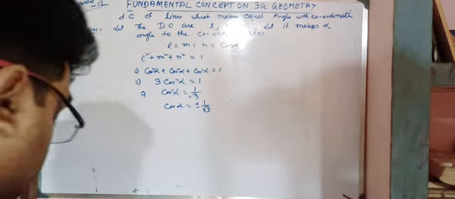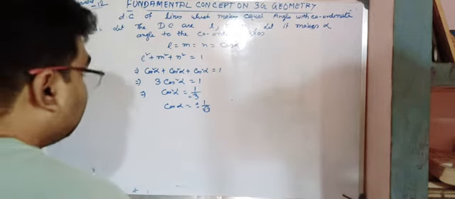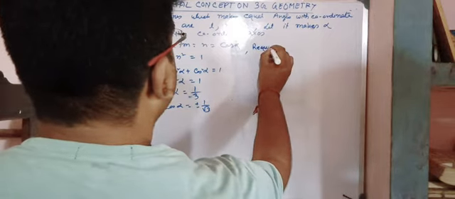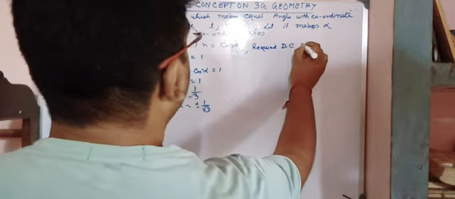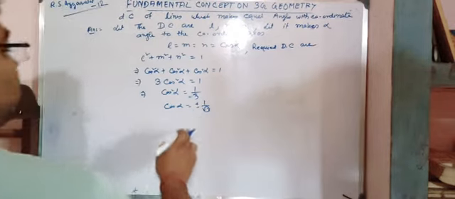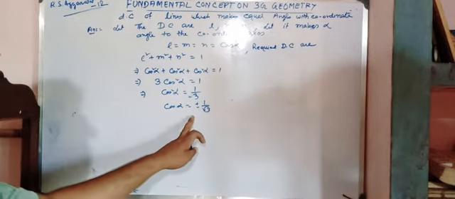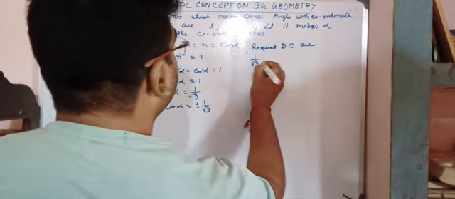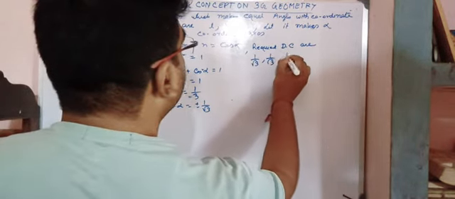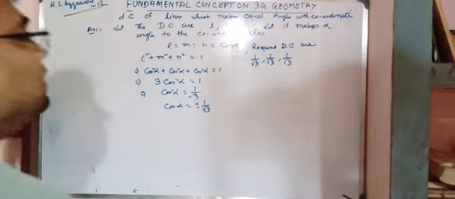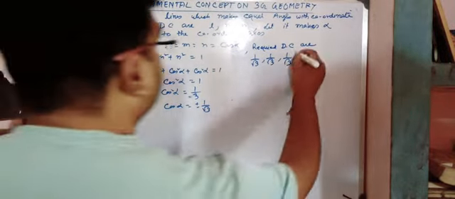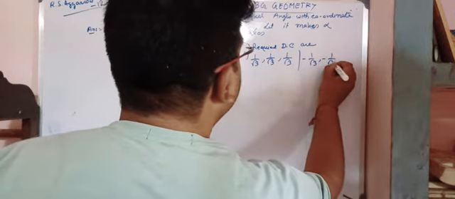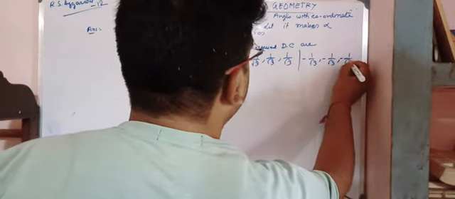So the required direction cosines are, taking the plus sign, 1 by root 3, 1 by root 3 and 1 by root 3. Then, with the minus sign, minus 1 by root 3, minus 1 by root 3 and minus 1 by root 3.